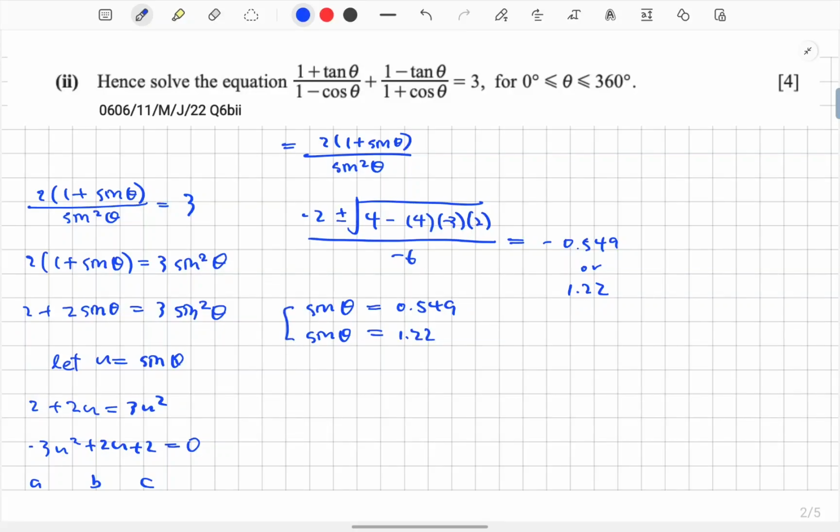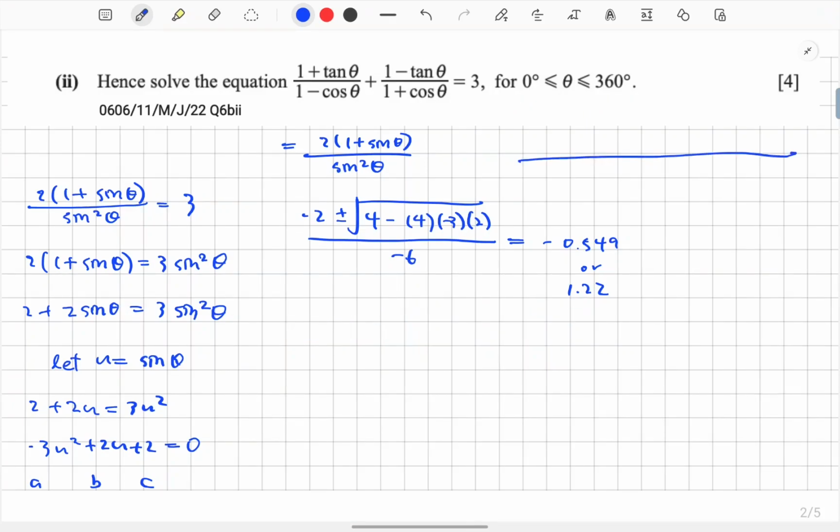By using our calculator and performing arcsine, we can know that the values of theta are negative 33.3 and 270. But our first value is outside the range stated by the question.